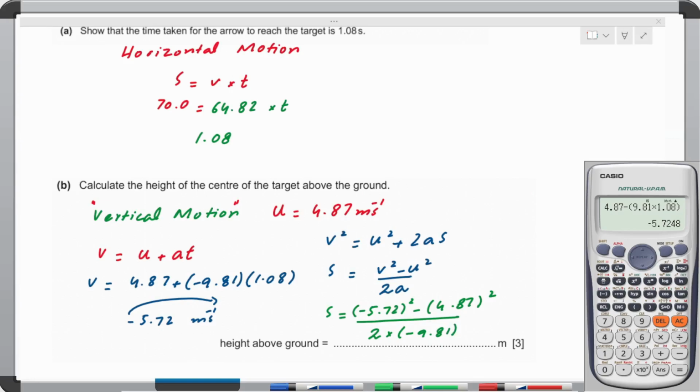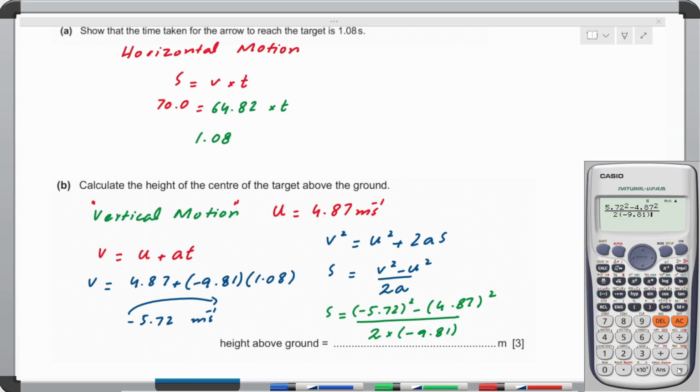Then we hit it on the calculator. So fraction, square of minus 5.72, minus 4.87 squared, divided by 2 into minus 9.81, and the brackets close.